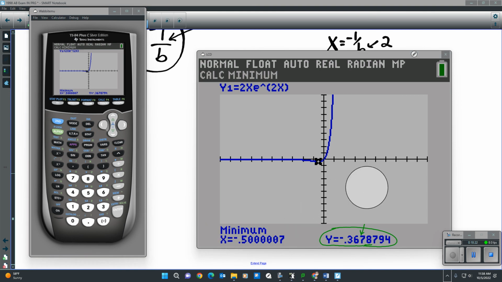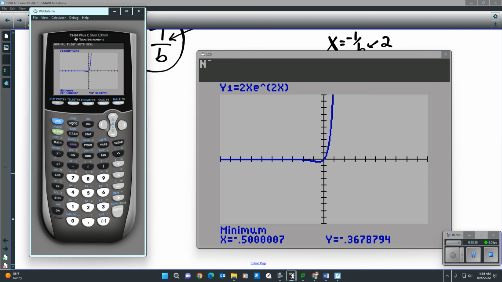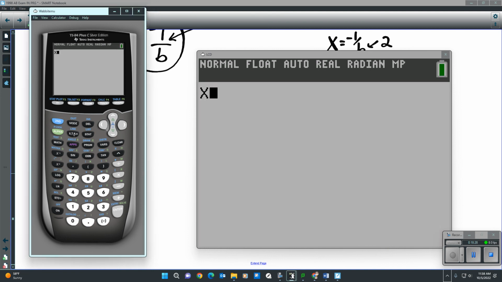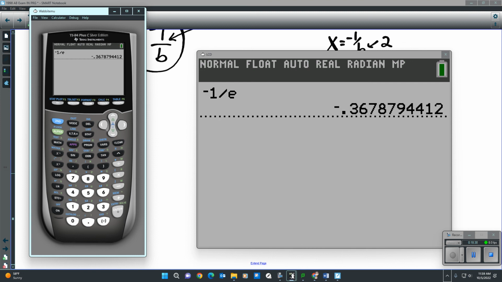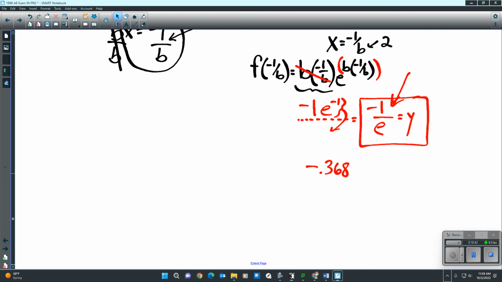Because remember, that was our original minimum. It should always be the same. So right now, ooh, that's my y value, not my x value. Negative 1 divided by e. There it is, negative 0.36, and that will round to an 8. We're good. Whew! There you go, but this is it. It will never be anything different, ever.